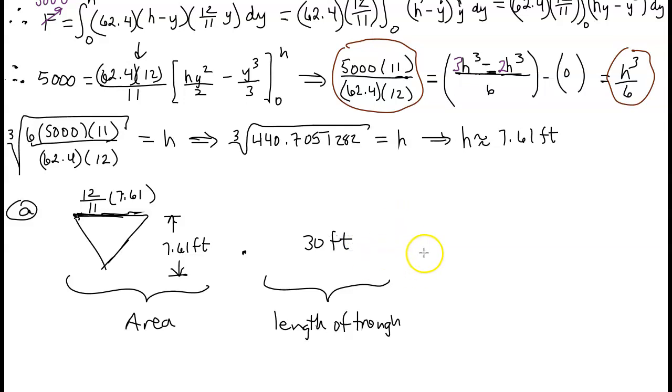So now that we have all that, area here is going to be 1/2 times the base, which is going to be this 12 over 11 times 7.61, times the height, which is 7.61, times length of the trough, which is 30.